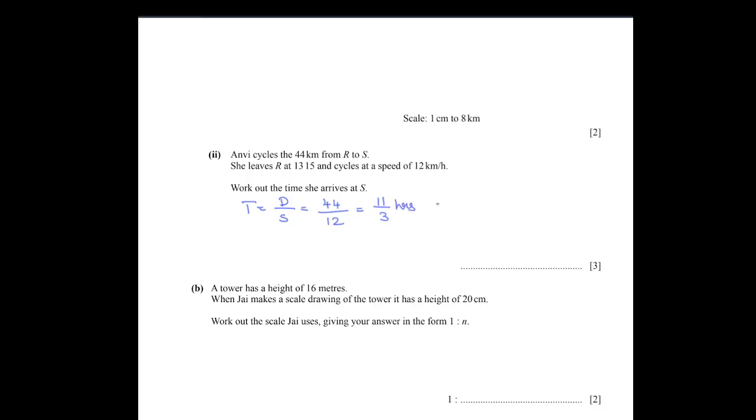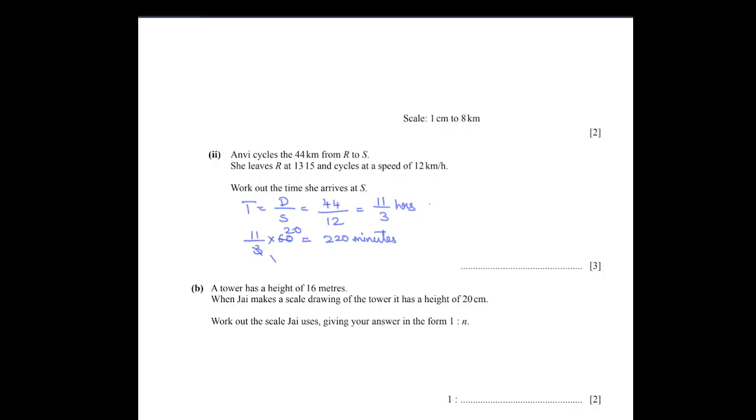Now here we have to convert this into minutes and find out what the time is. For converting it into minutes, 11 by 3 into 60: 3 times 20 is 60, so 11 into 20 is 220 minutes. Now 220 minutes has how many hours and how many minutes?